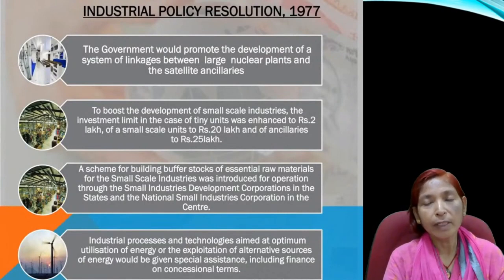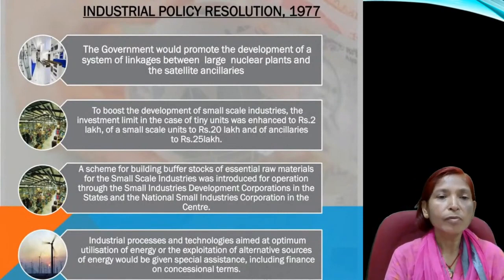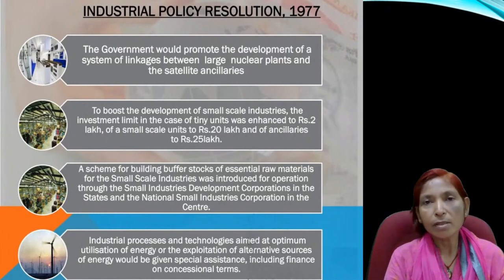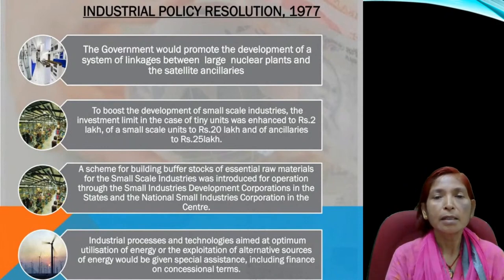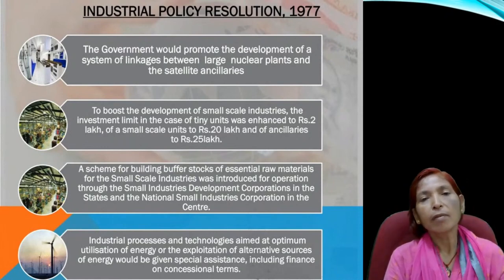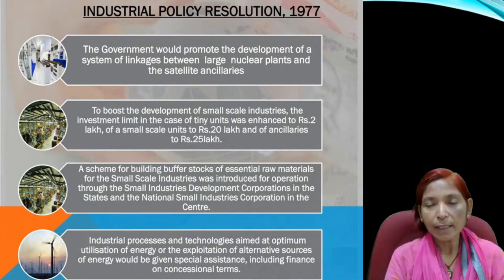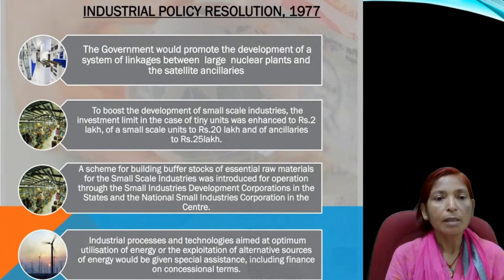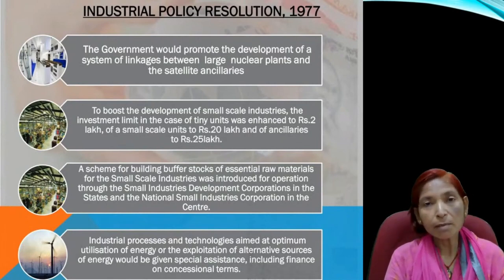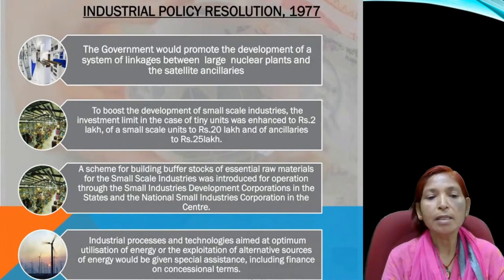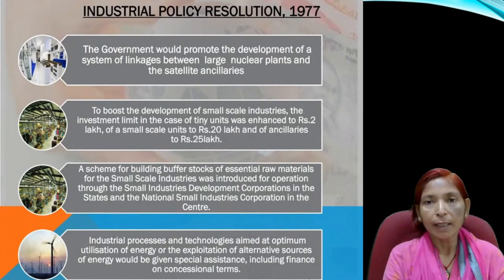In the 1977 Industrial Policy Resolution, the government would promote the development of a system of linkages between large nuclear plants and satellite ancillaries to boost the development of small scale industries, and the investment limit in the case of tiny, meaning micro units, was enhanced to rupees 2 lakh, for small units to rupees 20 lakh, and for ancillaries to rupees 25 lakh at the time of 1977.